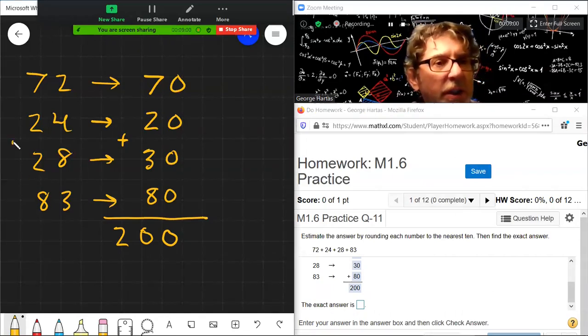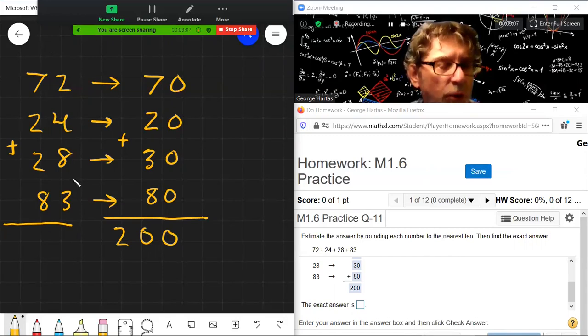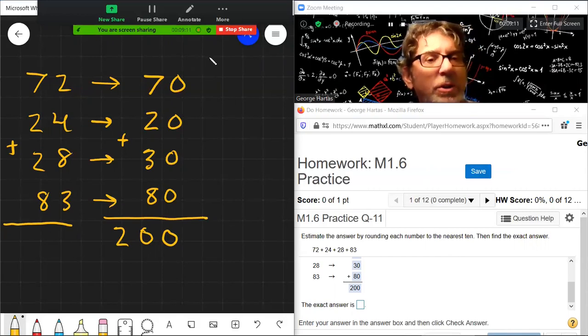See, this is the exact answer. There's no rounding involved at all on this, using the original numbers. But the rounded numbers, that's the estimated value, the ballpark figure. It's about 200. But now we want to find out exactly how much it is.